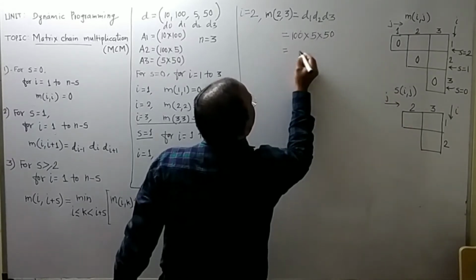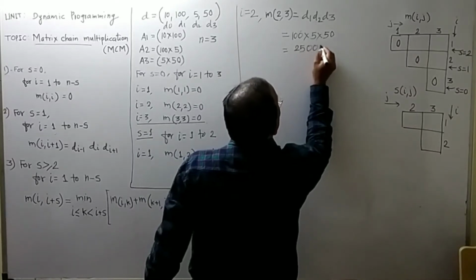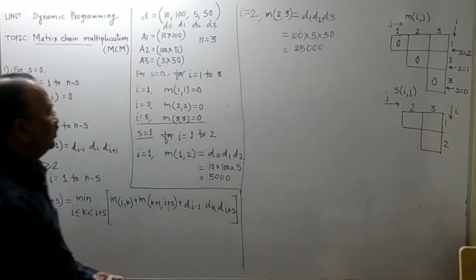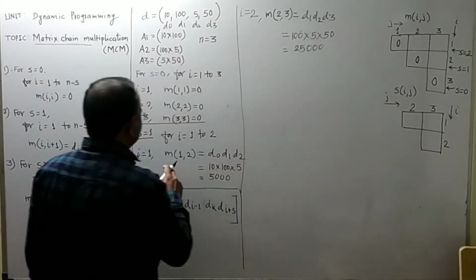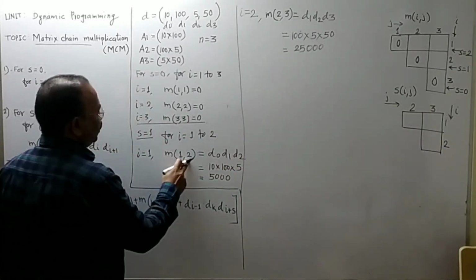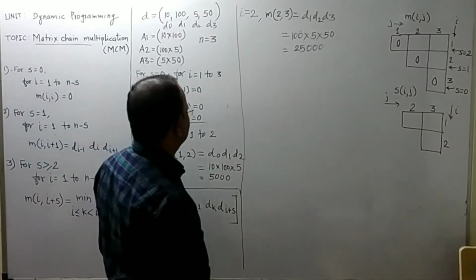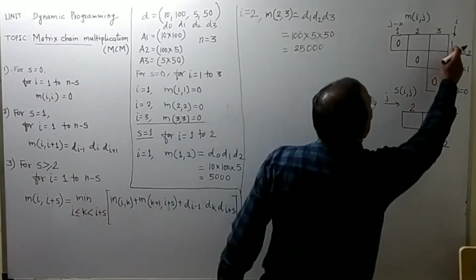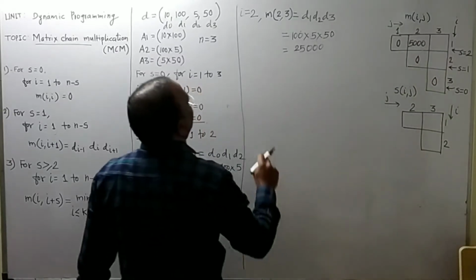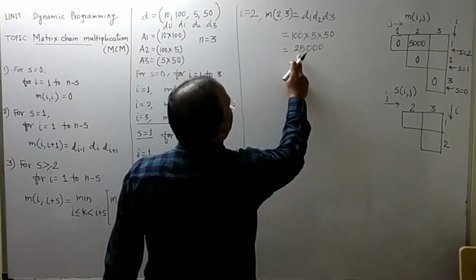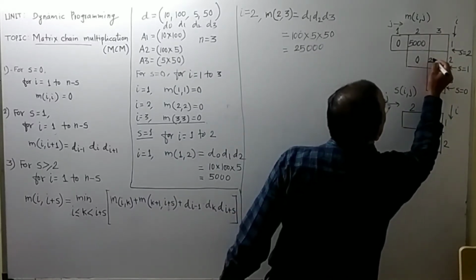It comes to 25,000. Now m of 1 2 is 5000, and m of 2 3 is 25,000.